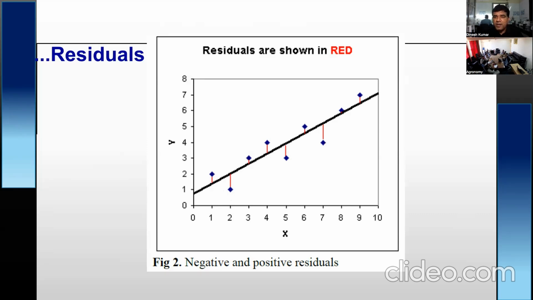This data remains unrepresented by the line that we have estimated. If the line is passing through all the data points, then there will not be any error. There will be zero error, and that will be the best fit line. So the main job is to reduce the distances, or we should have the minimum sum of square values.